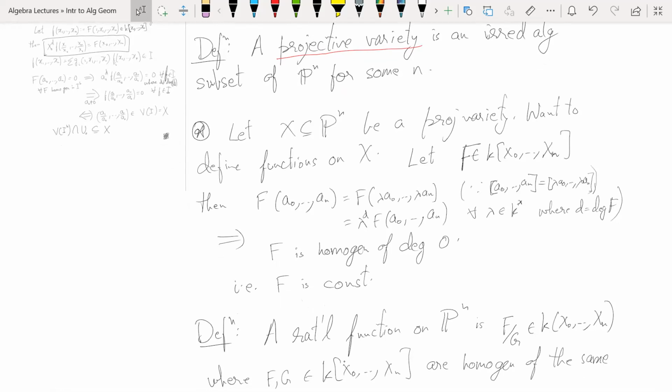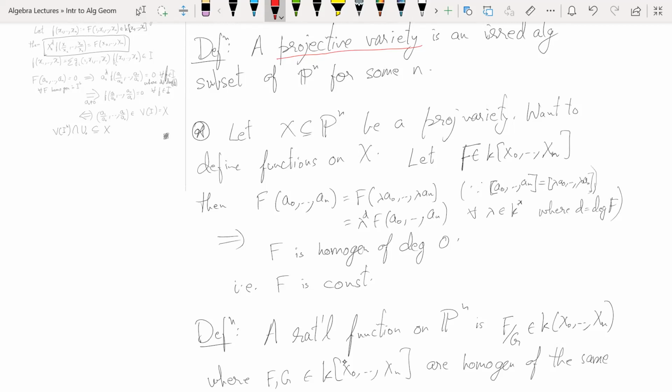So if f is a homogeneous polynomial and (a0,...,an) is a point in Pn, then if we try to evaluate f(a0,...,an), it should be the same as f(λa0,...,λan), because (a0,...,an) and (λa0,...,λan) define the same point in Pn.